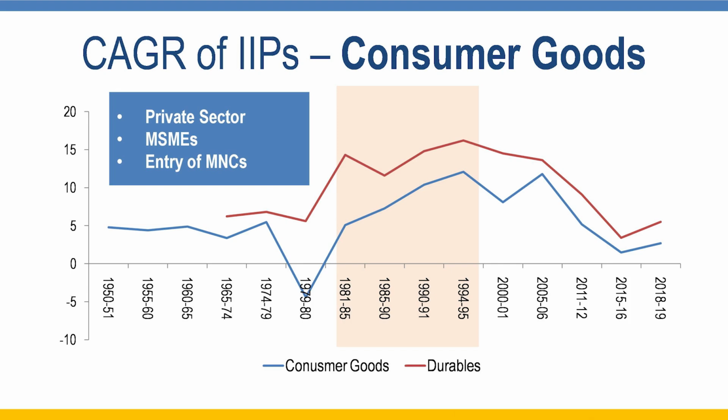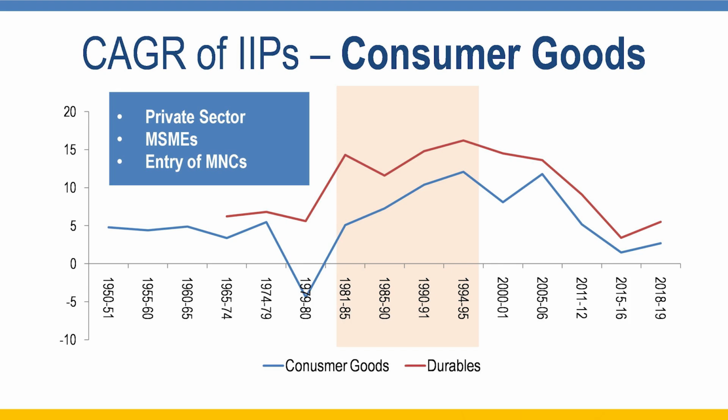So this graph gives you the index of industrial production of consumer goods, and we get a picture from the 1950s to 2020 again. Here you will see that the consumer goods sector was increasing from the 1980s to 2000, and then declining again.